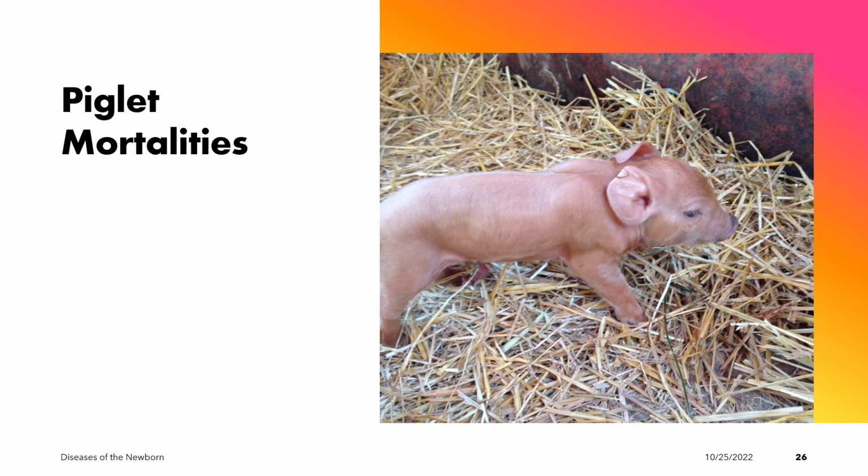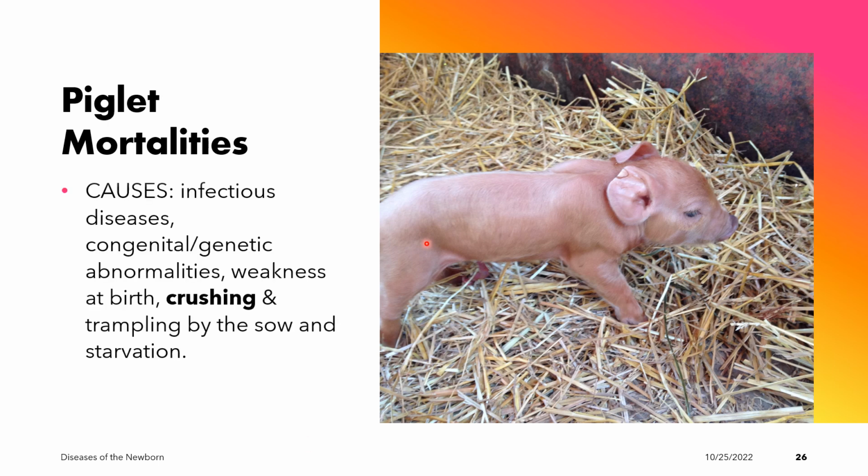These are the specific causes of piglet mortalities. We have infectious diseases, congenital or genetic abnormalities, weakness at birth, crushing, which is one of the major causes of piglet mortality, trampling by the sow, and starvation.